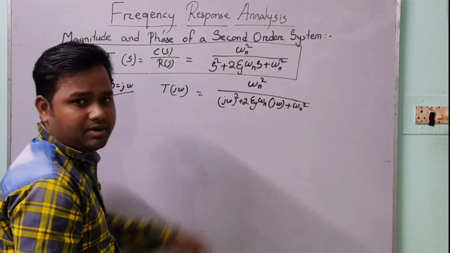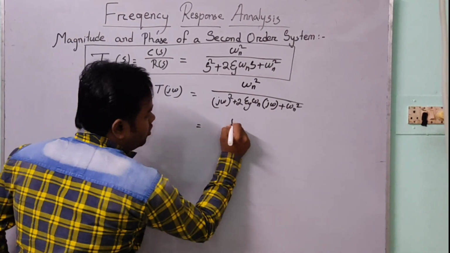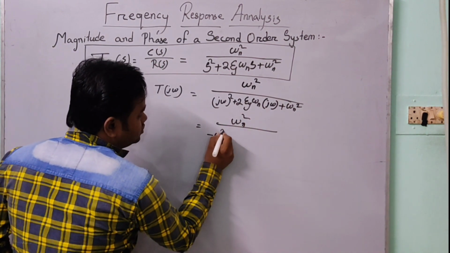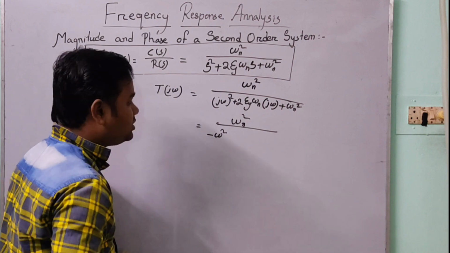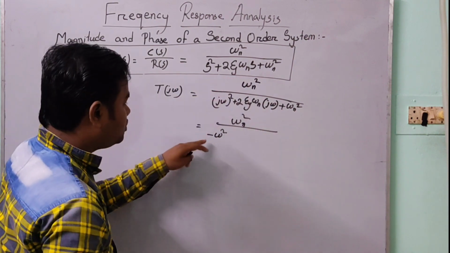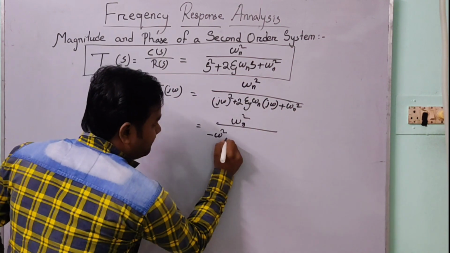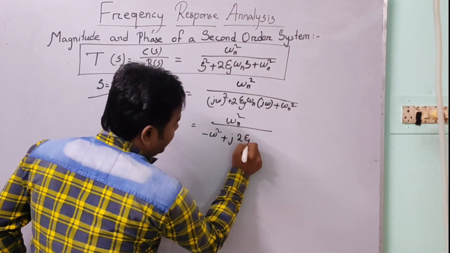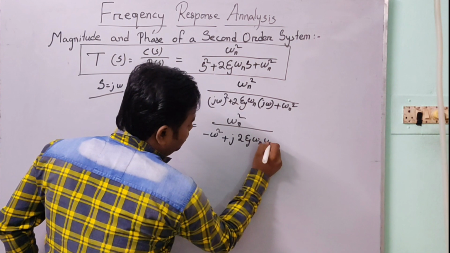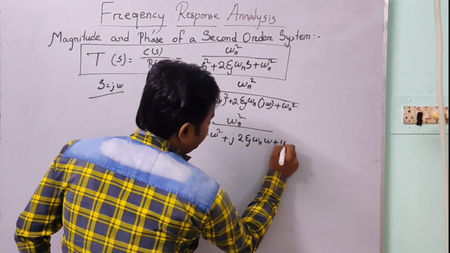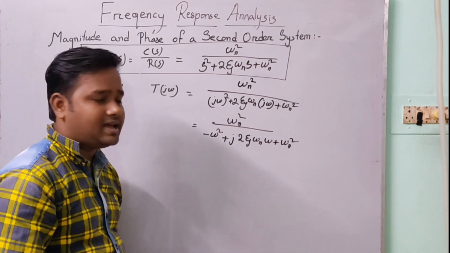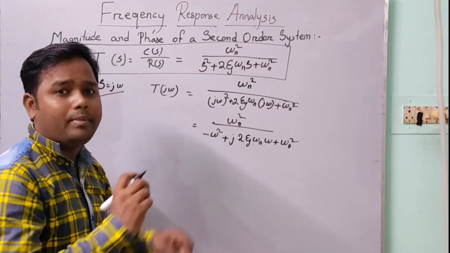Now by simplification I will get omega n square divided by minus omega square, because j square is equal to minus 1, so minus 1 into omega square is equal to minus omega square, plus j into 2 zeta omega n into omega plus omega n square. For further simplification, I have to divide each term by omega n square.